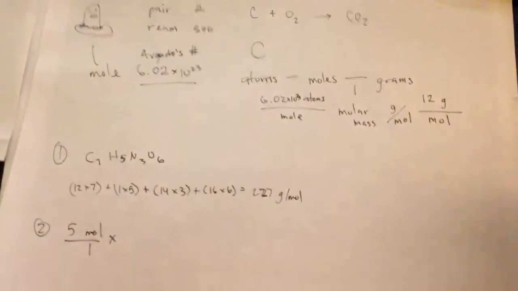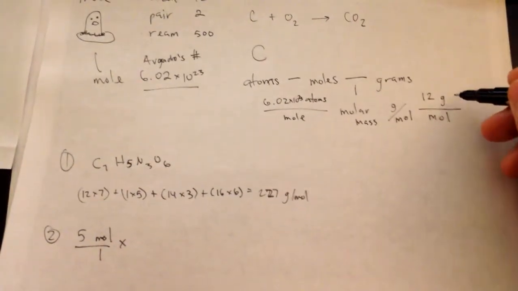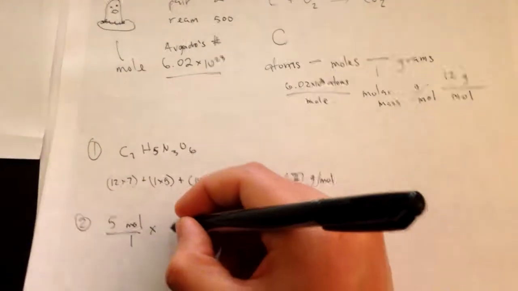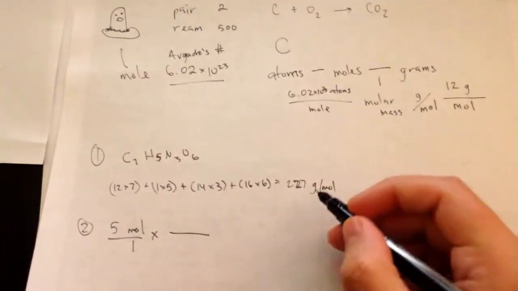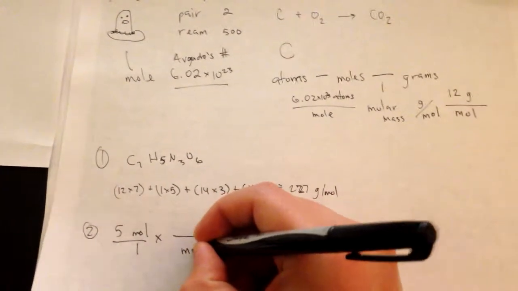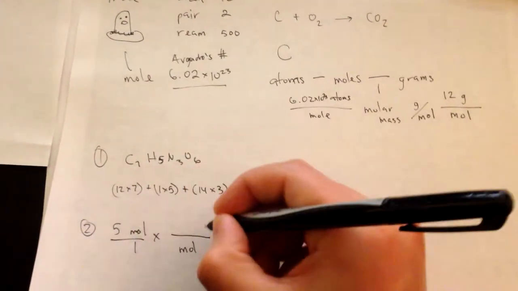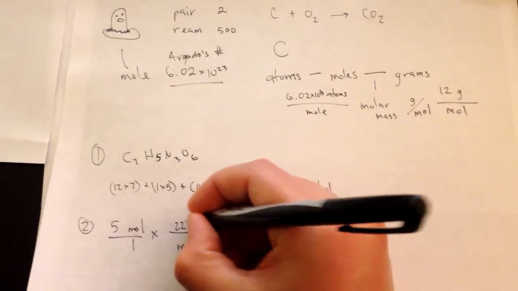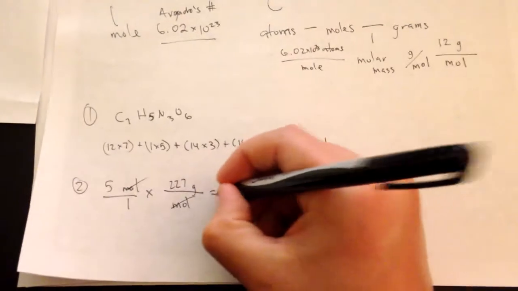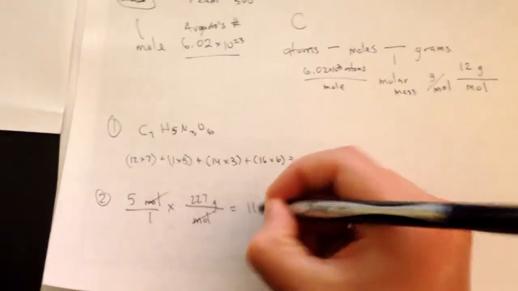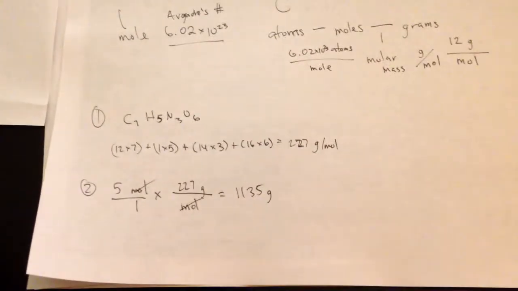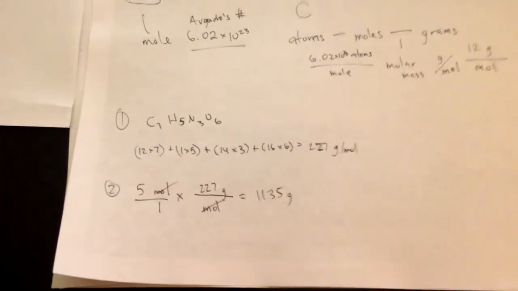To convert to grams, I use the molar mass, because it's grams per mole. It's got both of them in there. So we use the molar mass for TNT, which you just figured out, and you make sure you line up your units so you're not flipping it wrong. So 227 grams per mole, and these cancel. There's just 5 times this, and I think it was around 1135. So fine and dandy.